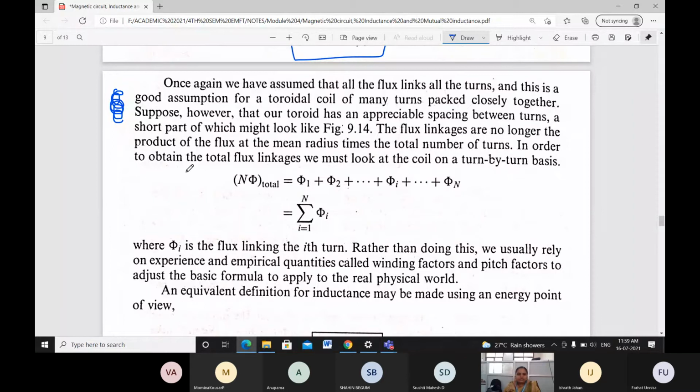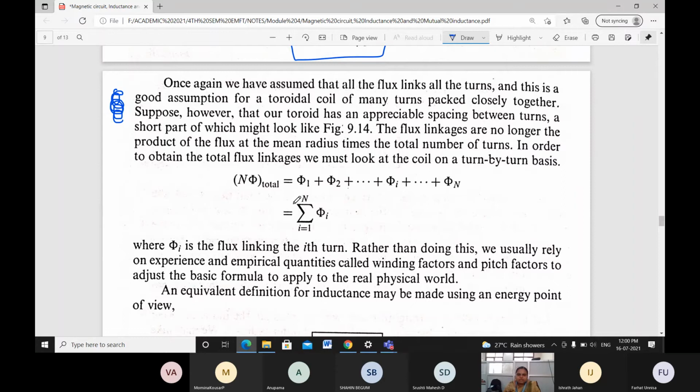In order to obtain the total flux linkages, we must go for the coil on a turn by turn basis, meaning each individual turn we have to consider. Then N psi total is going to be equal to psi 1 plus psi 2 up to psi N.